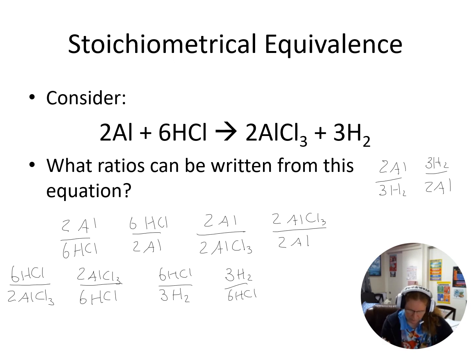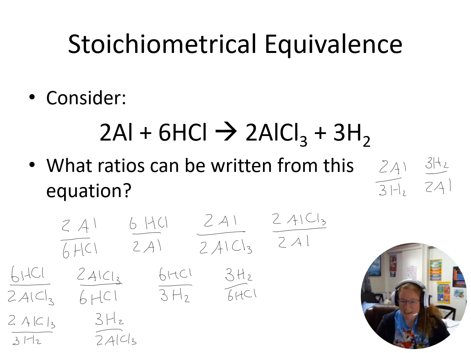And then when I look just at my products, I can say that for every 2 aluminum chloride that are produced, 3 hydrogen are also produced. Or for every 3 hydrogen that are produced, 2 aluminum chloride are also produced. So I can get all sorts of different ratios from a balanced equation.